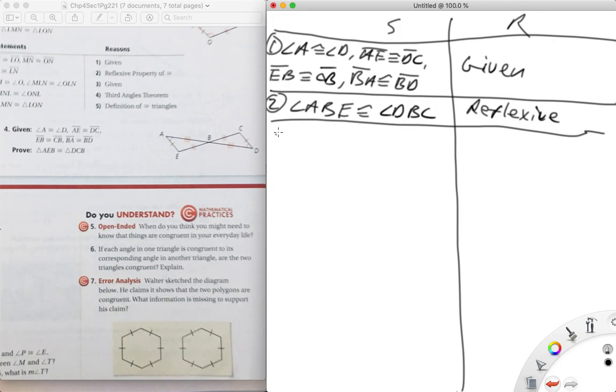And then I have enough information to say that angle E is congruent to angle C, because I can use the third angles theorem. Two angles on one triangle congruent to two angles on the other, then the third angles must be congruent, so third angles theorem.